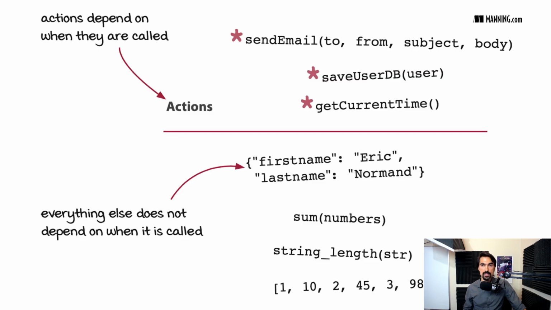So functional programmers will put all those starred functions above the line, and we'll call those actions. Okay, that's the term I came up with that I'm using in these slides and in my book. We'll talk about what functional programmers generally call these later, but we'll call them actions for now. So now there's everything else under the line, and there's a difference between just bits of data and a function that you can run.